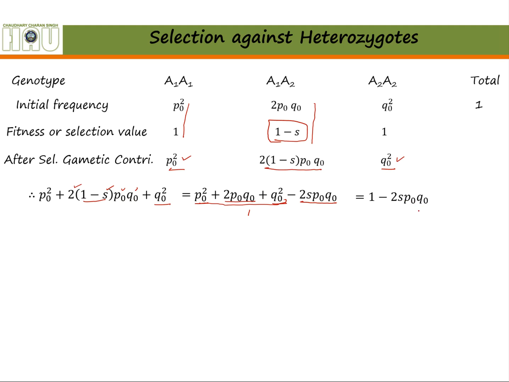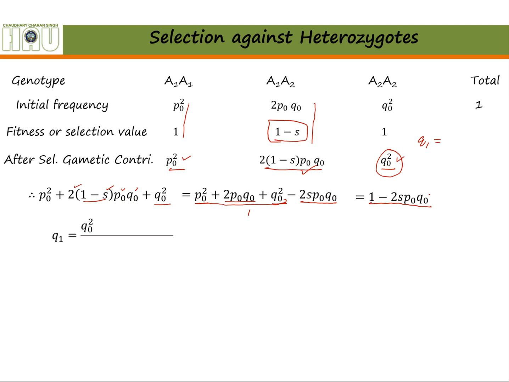So the frequency after selection and one generation of random mating can be given by say q1, which can be obtained by the proportion of q, this square plus half of this square, divided by this total gametic contribution.